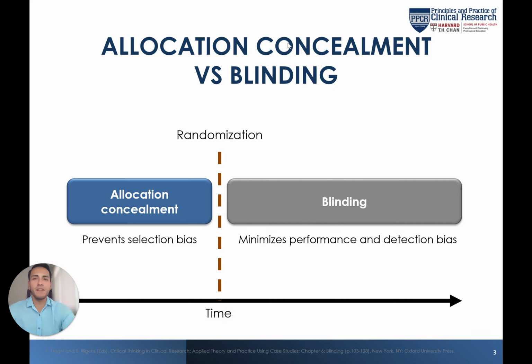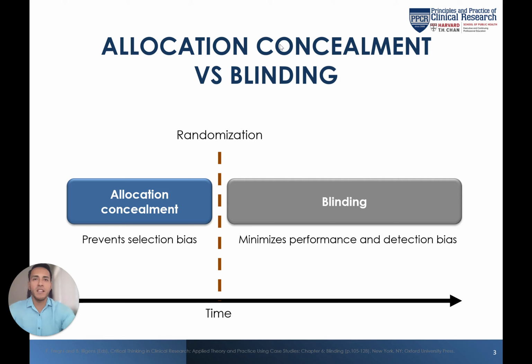Okay, so let me start by saying a few words about blinding and allocation concealment, which do not mean the same. First of all, blinding or masking is the methodological principle of concealing group allocation from subjects and study staff after randomization. This concept should not be confused with allocation concealment, which refers to hiding group allocation during the randomization process, preventing selection bias.